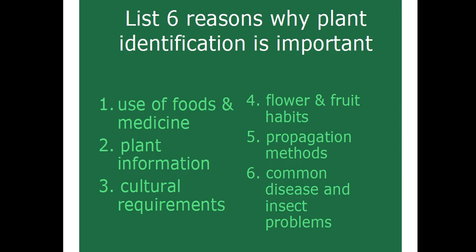Number 5, propagation methods. Of course, number 6, common disease and insect problems. This will help us to be able to understand how plants are used in the horticulture industry.